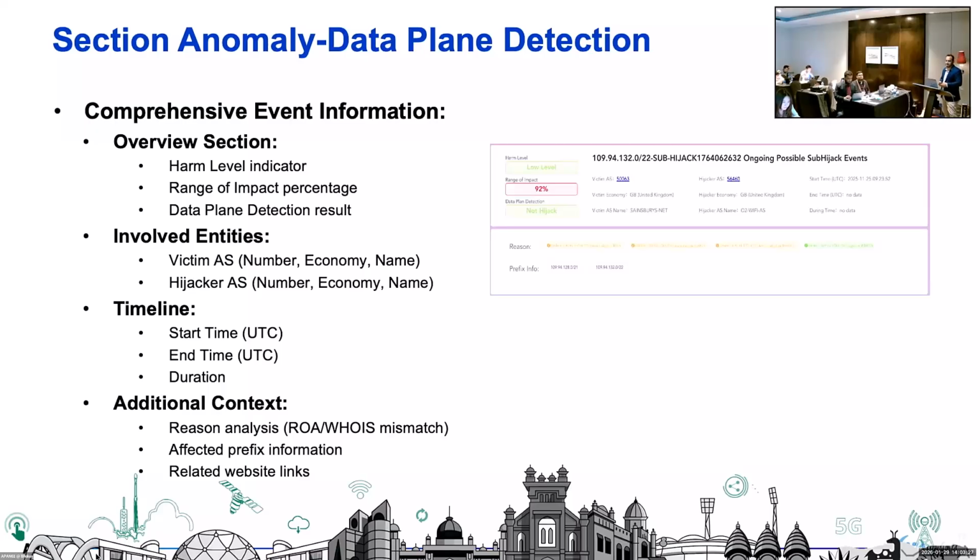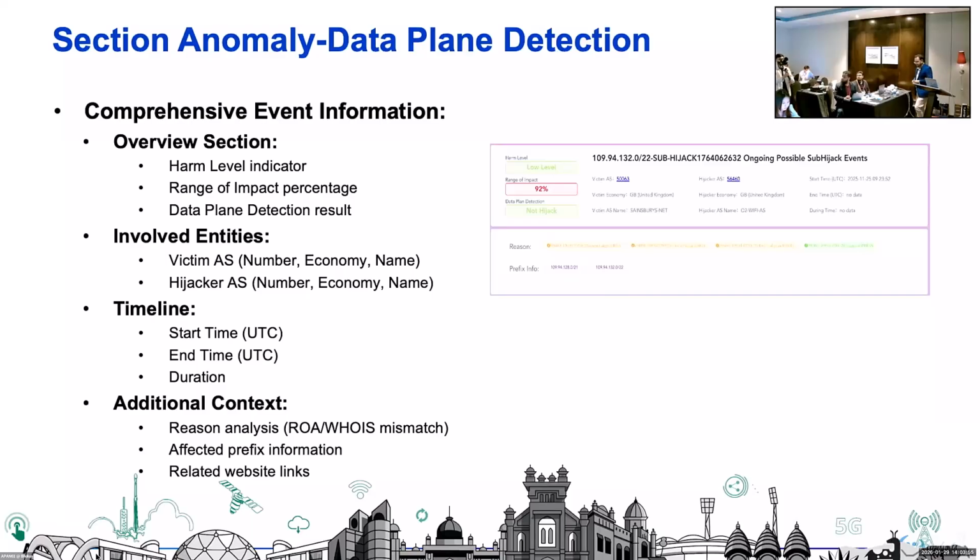Comprehensive event information: I'm requesting you to go to the portal and go to this section. You'll find an overview of your hijacked prefixes, like the harm level indicator, range of impact percentage, and data plane detection result.